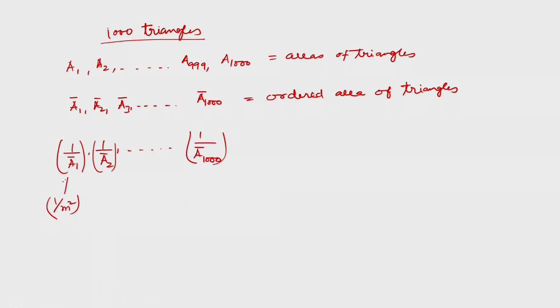Since they are ordered, you will take the descending order and then take the 95th percentile. Ascendingly ordered areas will automatically become descendingly ordered.